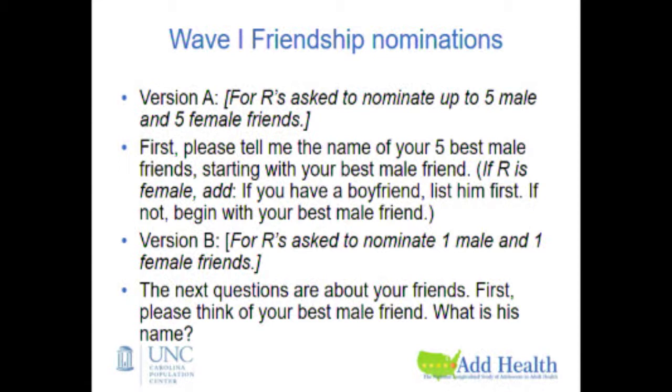So of their 5 best friends, the first one they list is either their boyfriend or their girlfriend. This is what we asked in the in-school interview, and it's also what was asked in the saturated schools. But for the in-home interview, we just got their best male friend and their best female friend.